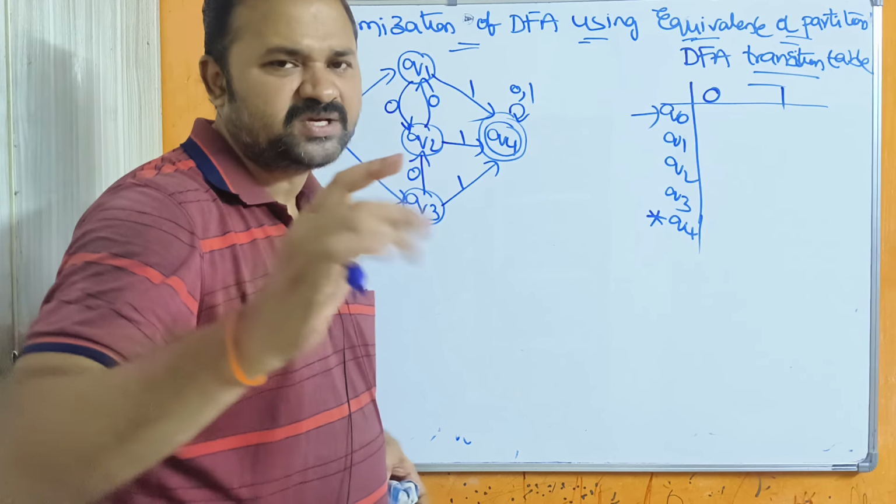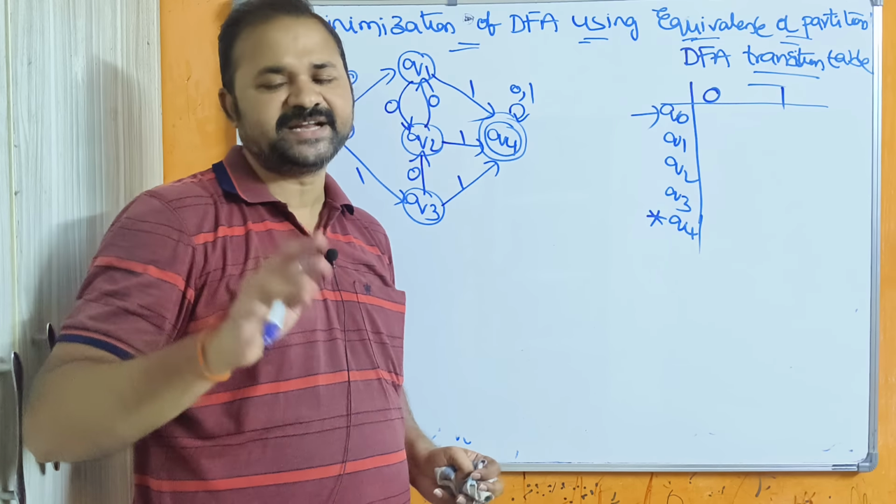So this is a DFA, so we will have only one transition on each and every input symbol.